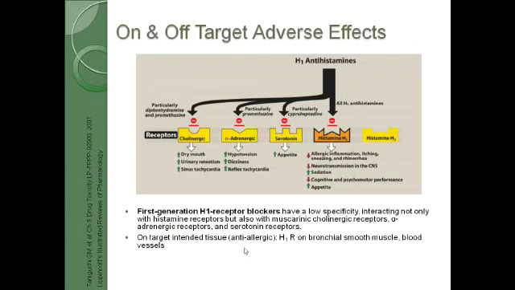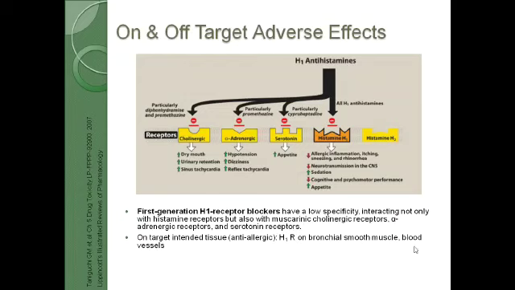We use this drug as an anti-allergic drug against allergies. So our target is histamine type 1 receptors on bronchial smooth muscle. For example, in asthma, histamine is released and it causes bronchoconstriction. So we want to block this receptor.